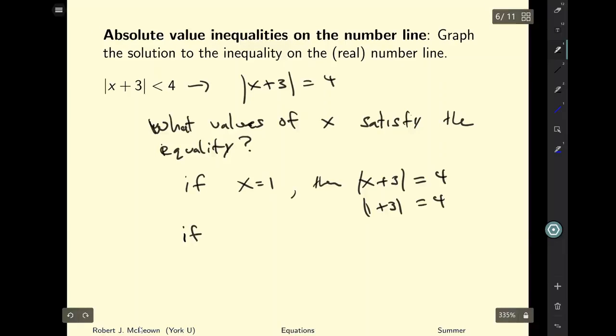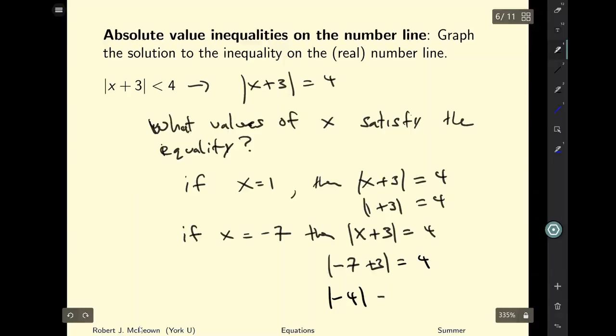So looking at this, I'm just plugging numbers into my mind and guessing, if x is equal to -7, then the absolute value of x plus 3 is also equal to 4, because I have -7 plus 3. I've got the absolute value of -4 is equal to 4.